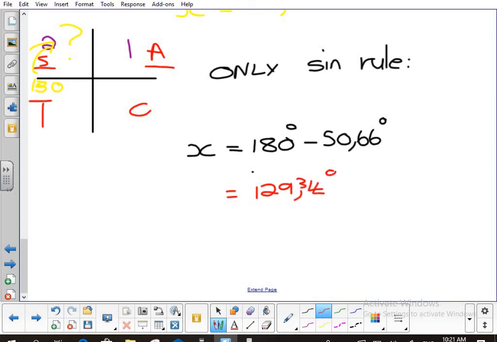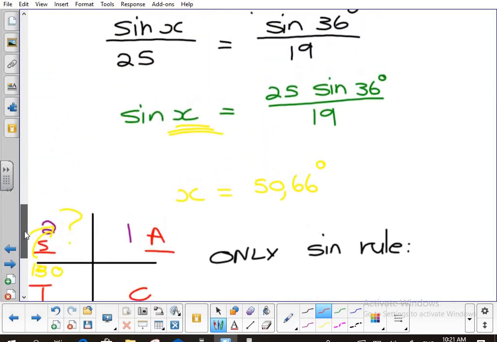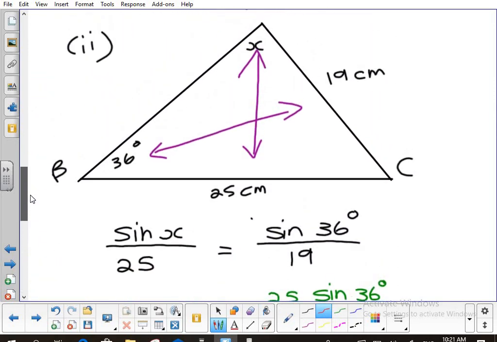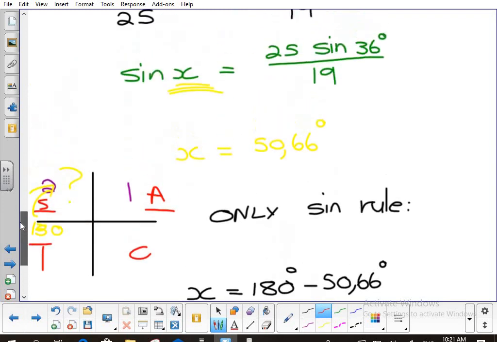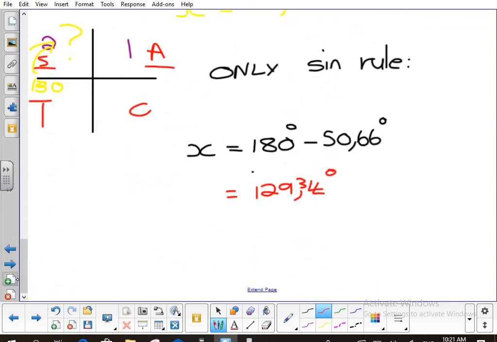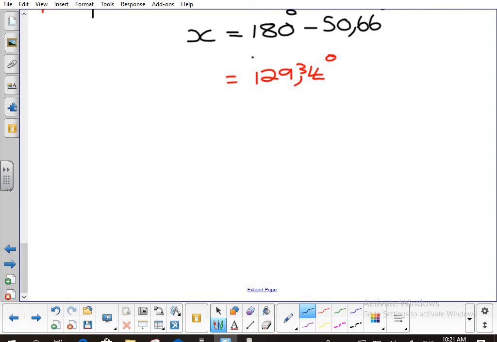So this one is then 129.34 degrees. Very important though, grade 11s, is you just need to go back and test these two answers, because not both of them will always work. Now, what do you mean by testing it, sir? Okay, it's very easy. So I'm going to just quickly redraw that triangle. The triangle that I gave you at the top looked like this.